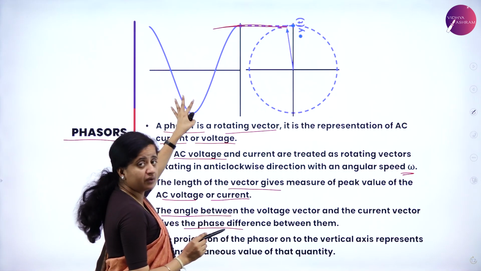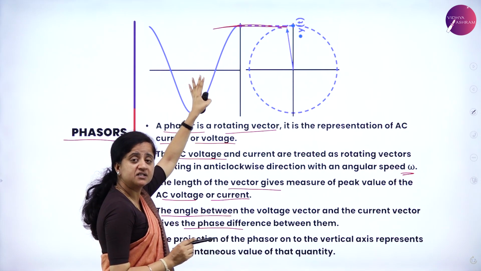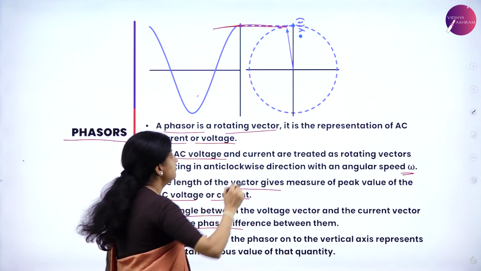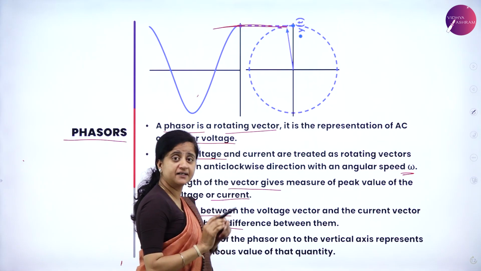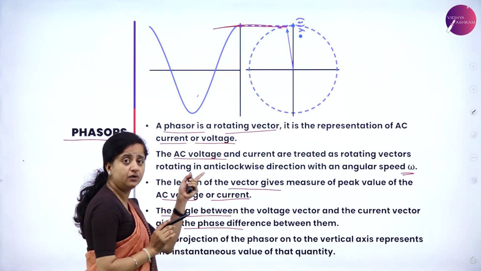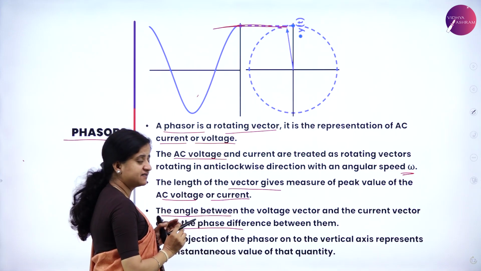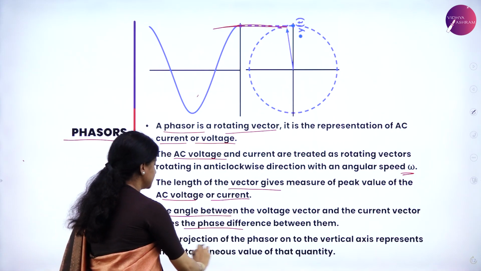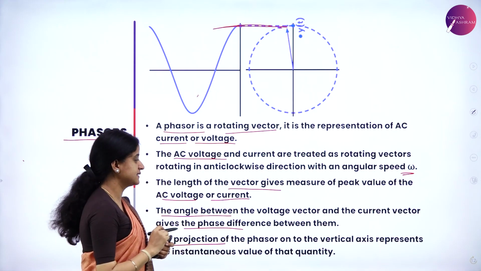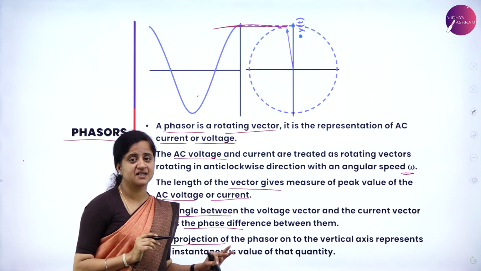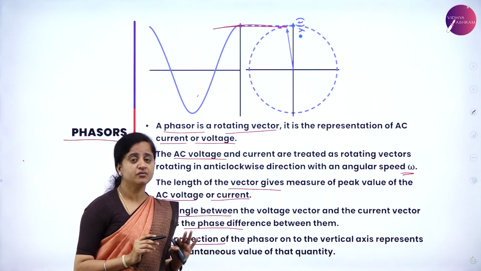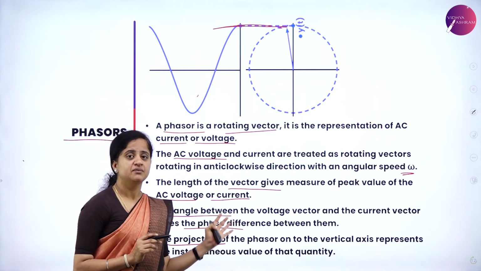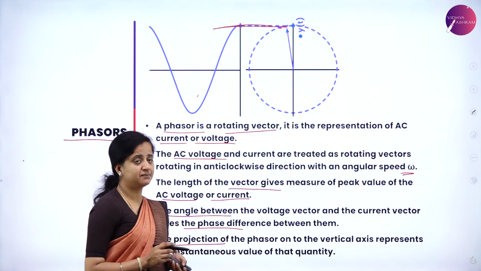If we plot two phasors, one for voltage and one for current, the angle between the two vectors, say I have one more vector here for another voltage or current value, gives us the phase difference between voltage and current. And the projection of the phasor on the vertical axis always represents the instantaneous value of the current or voltage. We will understand all these points while drawing the phasor diagram, which we are going to study in the upcoming slides.